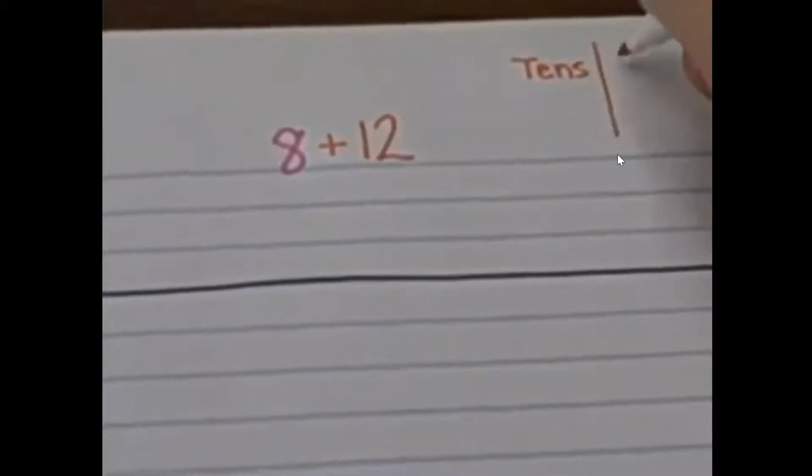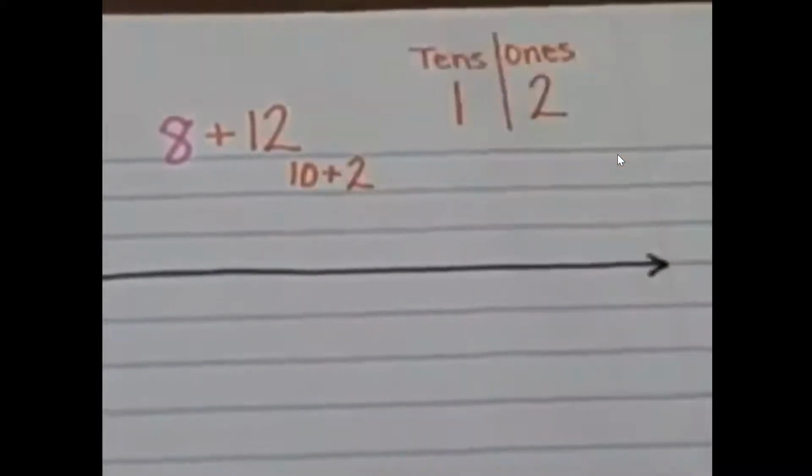I can do that by looking at the place value of the tens and the ones. Now, 12 has 1 ten and 2 ones. So 12 can be 10 plus 2. Right? So we're going to start the number line with 8 for this time.